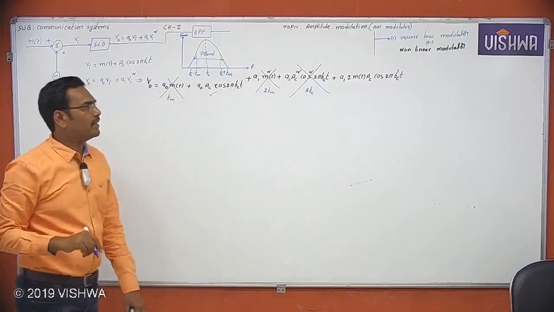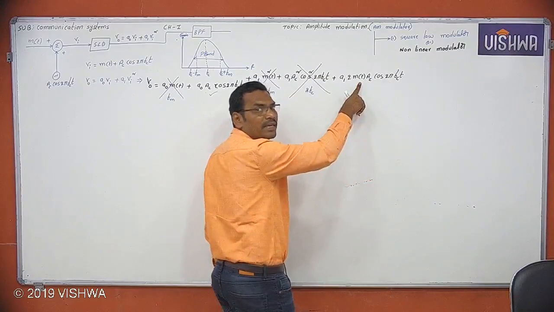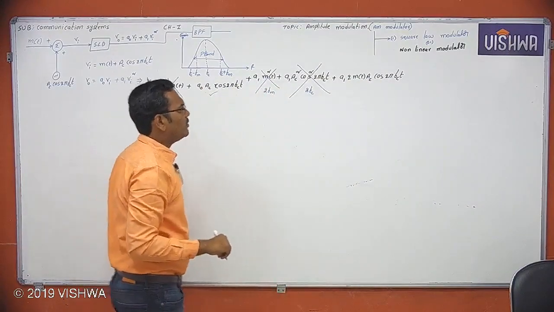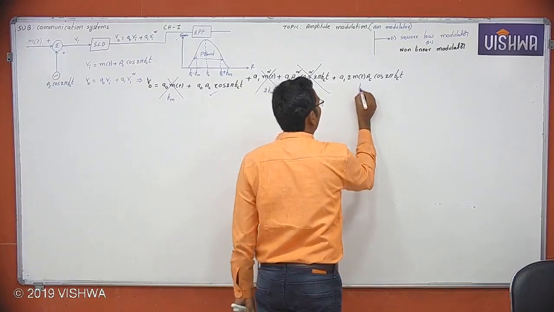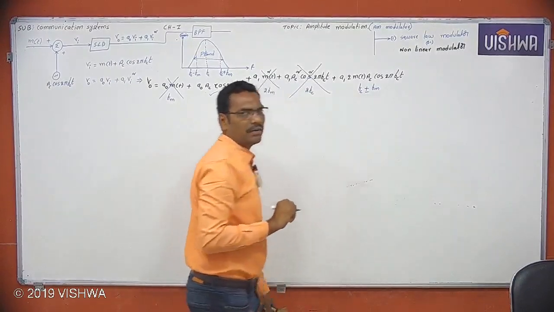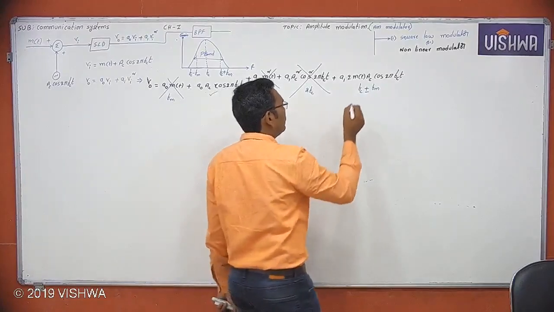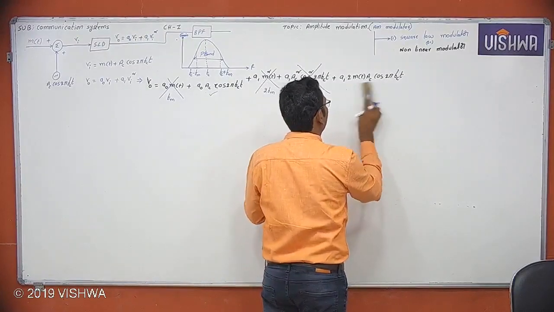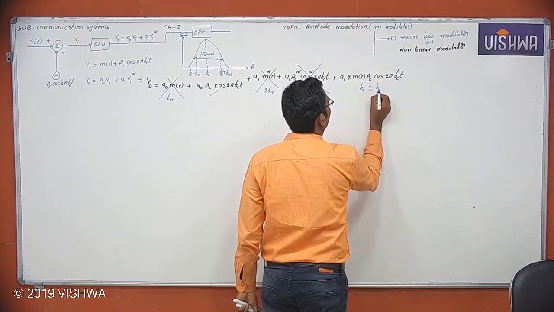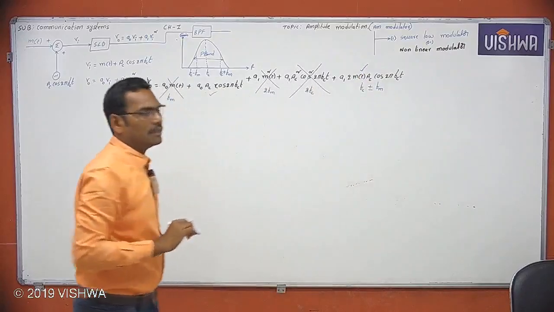But cos A cos B, that is cos 2 pi FM into T, 2 cos A cos B equals cos of A plus B plus cos of A minus B. Therefore FC plus FM, FC minus FM, which the band pass filter allows.